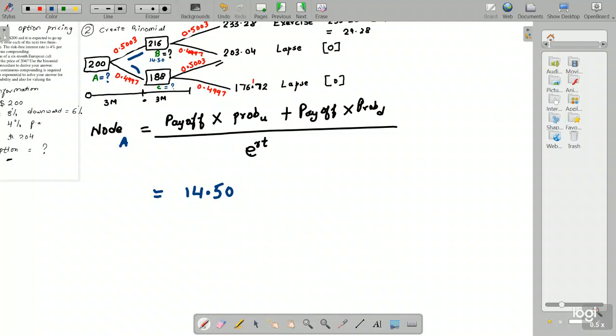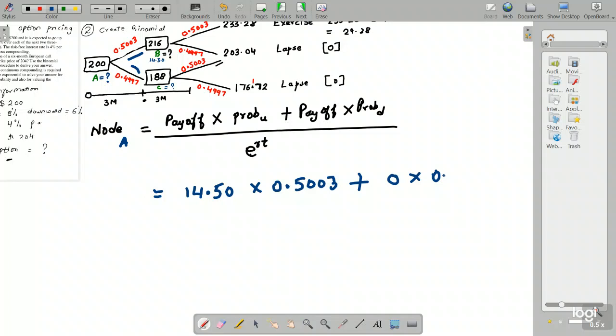So payoff is 14.50. What is the probability? The probability, there is no change, same. Then again, if you remember, node C, there is no value, so I'm going to write it as 0. You must be wondering why I am writing even this when I know the value.